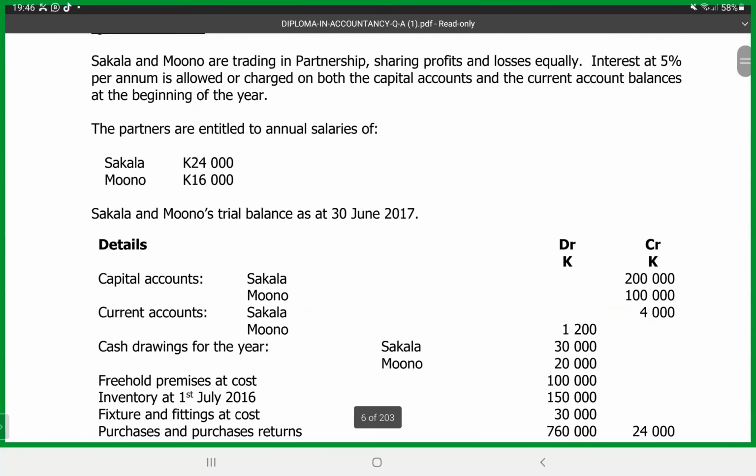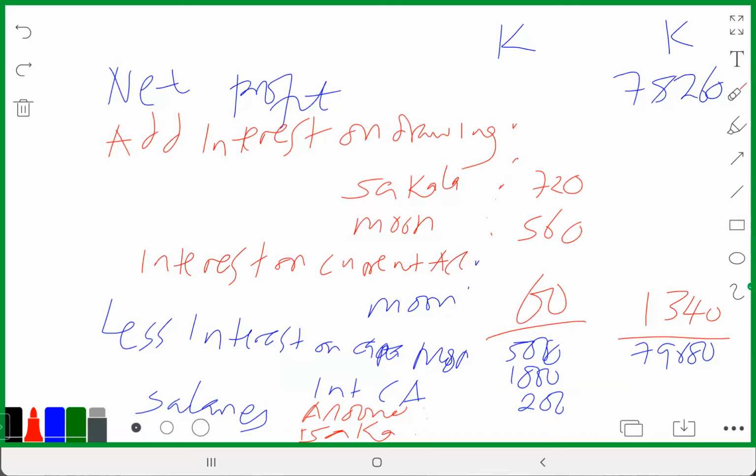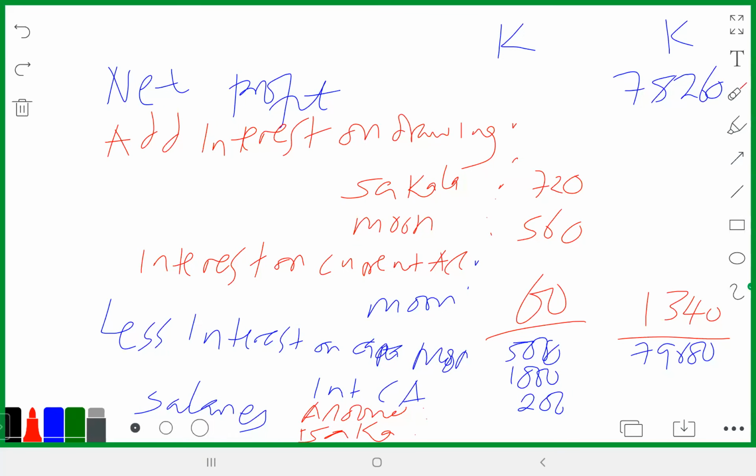We'll find them. On top, the partners are entitled to annual salaries of Sakala 24,000 and Mono 16,000. We can just add those together as salaries. So all this is what you are lessing from that.